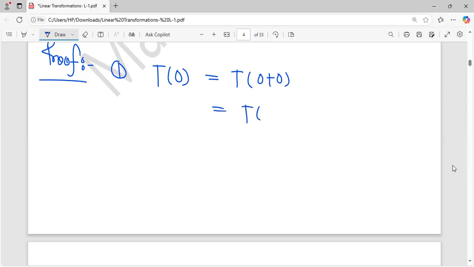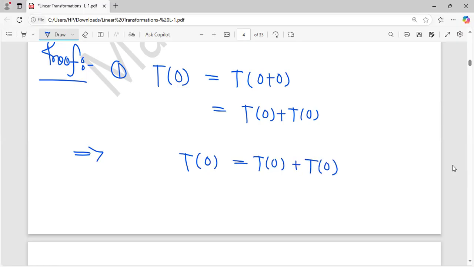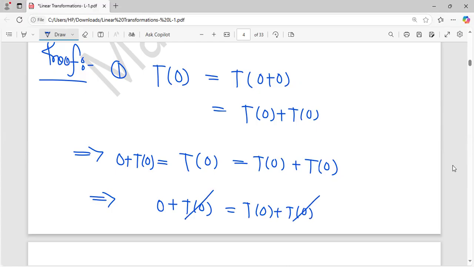But this is equal to T 0 plus T 0. This implies T 0 is equal to T 0 plus T 0, and this is cancelled.